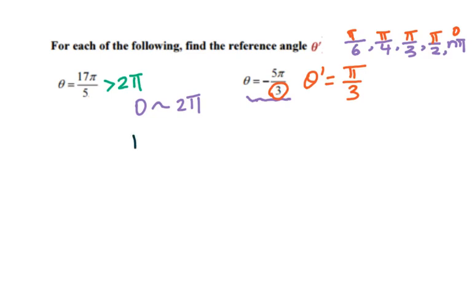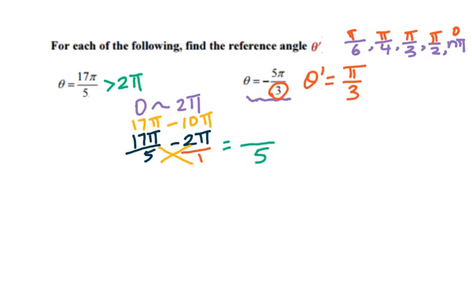Therefore, I do 17 pi over 5 minus 2 pi. I will put it over 1. Then here's the 17 pi. This will be 10 pi. Then the denominator multiplied is still 5. That's 7 pi.